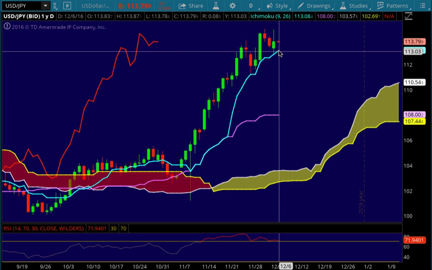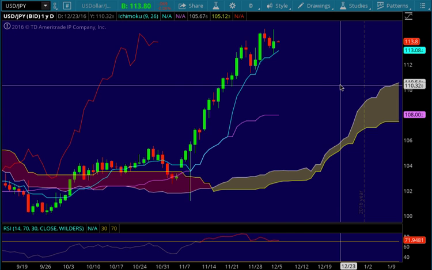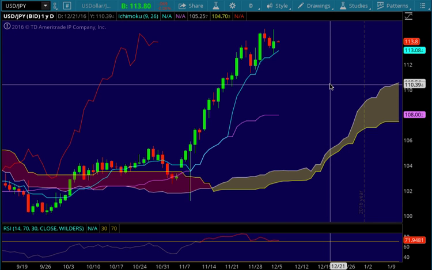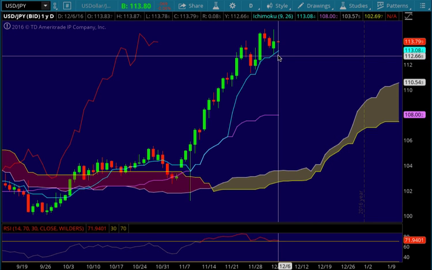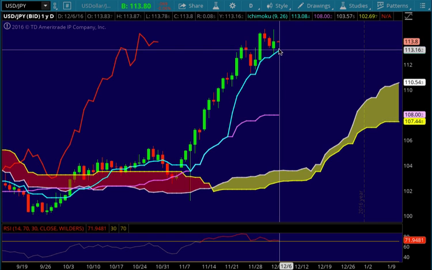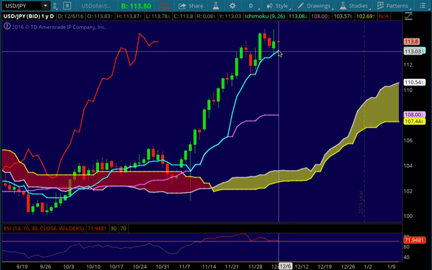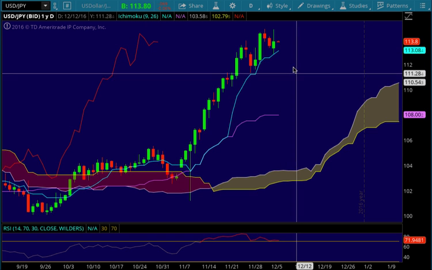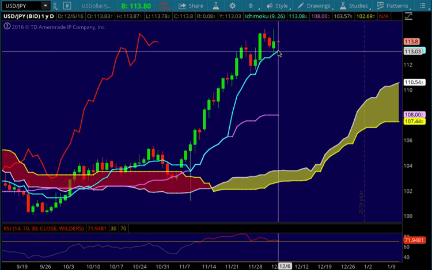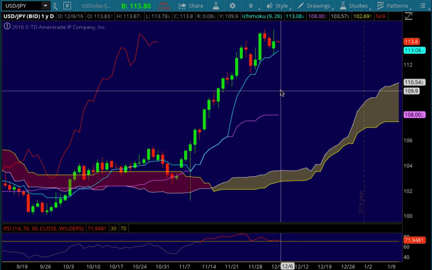If you want to be long gold and silver or other commodities, or also treasuries, you want to see the dollar-yen pair lose the Tenkan-sen support, which is currently at 113.08.